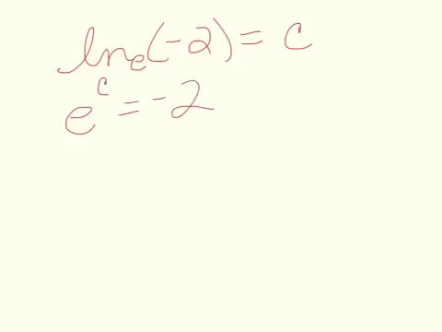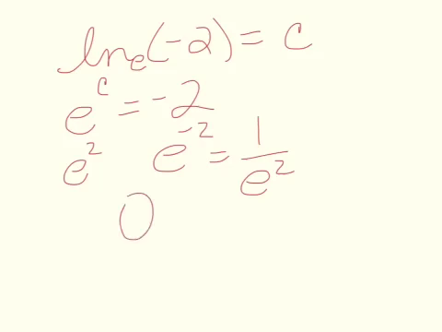Can we raise e to any number and get a negative number? Because if I put e squared, that's not going to be negative. e to the negative 2 is not going to be negative. So I can't raise e to any power and get a negative number. So therefore my answer is no solution.